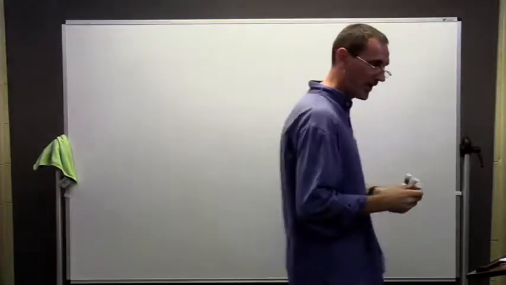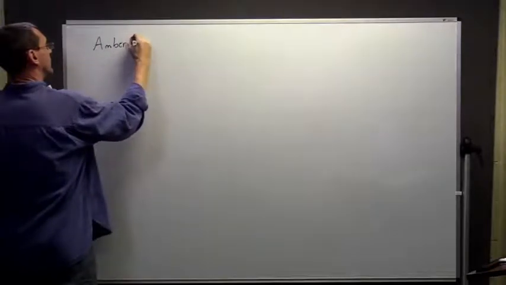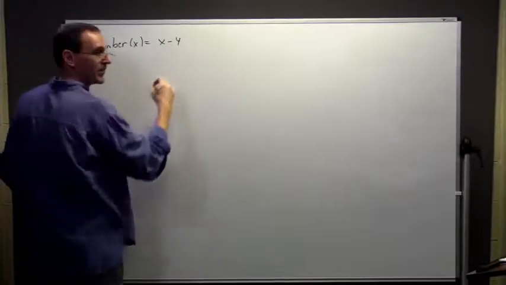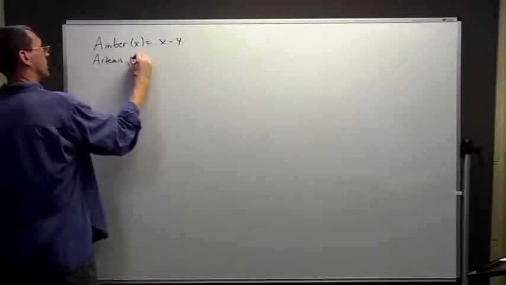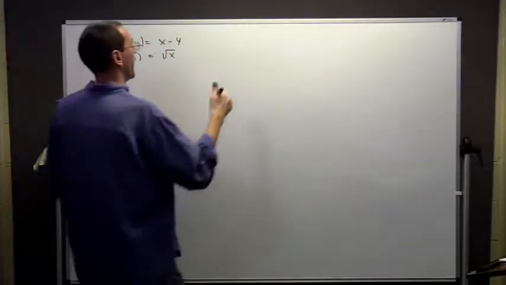So suppose I have 2 functions. Suppose we have Amber of x is x minus 4, and Artemis of x is the square root of x. So I can add them.